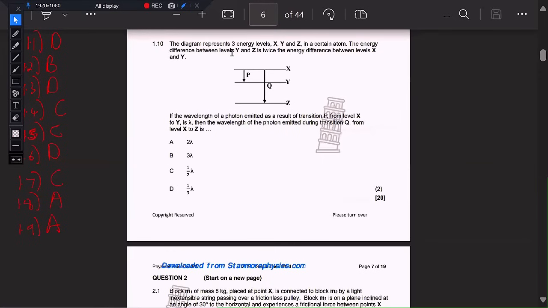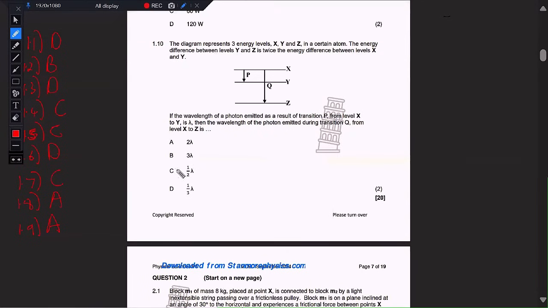The energy difference between levels Y and X is twice the energy difference between levels X and Y. If the wavelength of a photon emitted as a result of transition P from level X to Y is lambda, then the wavelength of the photon emitted during transition Q from level X to Y has to be A, 2 lambda, or 3 or B, 3 lambda, or C, half lambda, or D, 1/3 lambda.